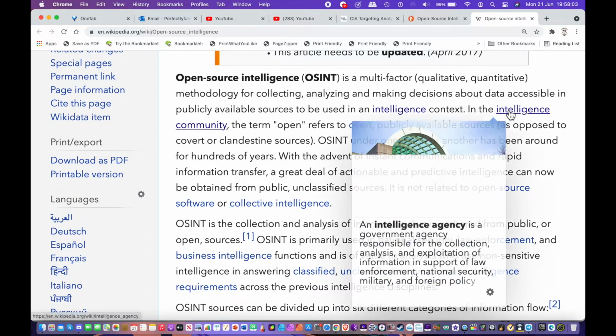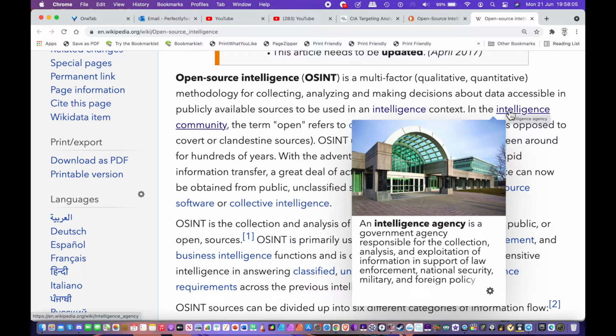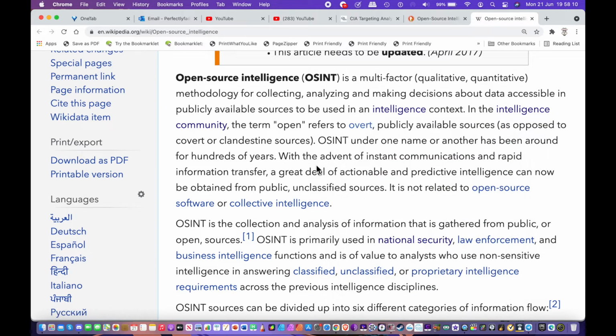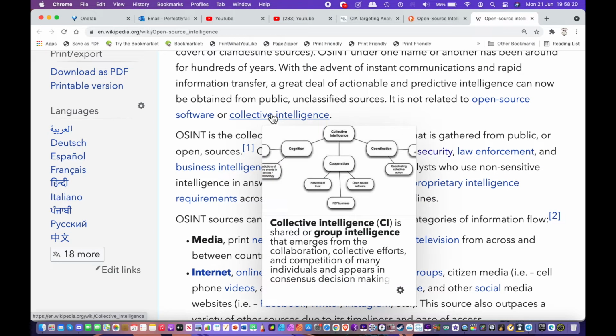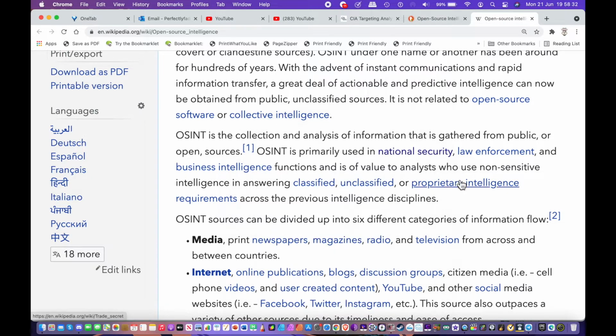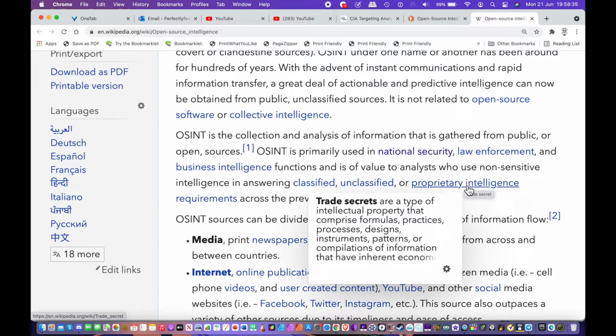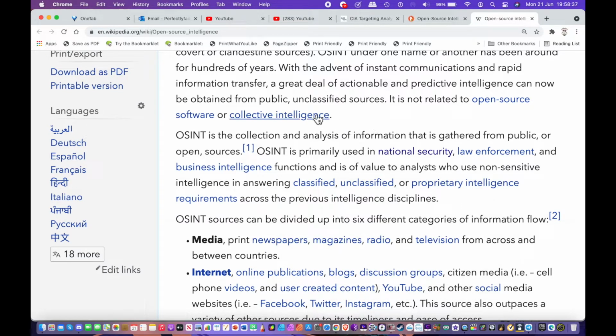I actually want to do something on the intelligence community, but that's going to be later on, like in the Operation Blackout series. Okay, what's collective? Is shared or group intelligence that emerges from the collaboration, collective effort. So like hive mind.